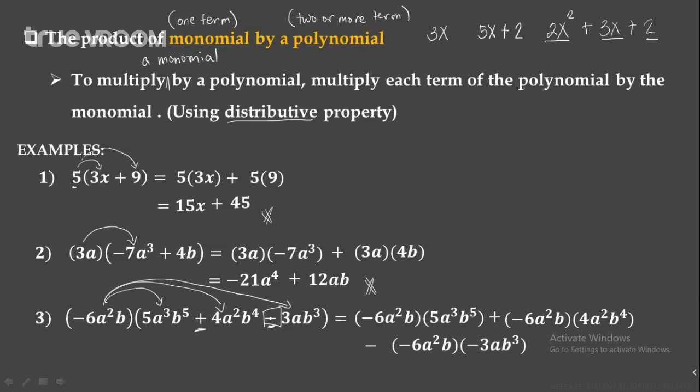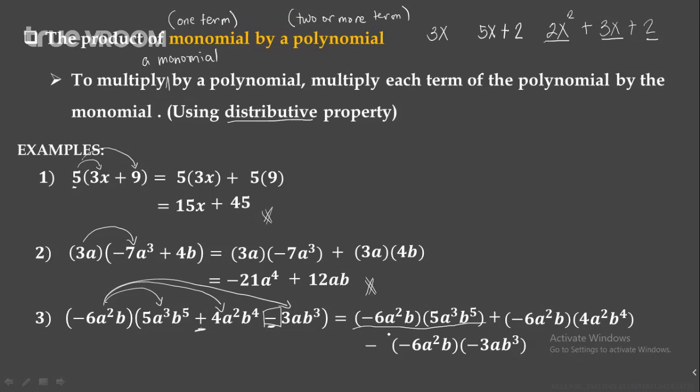Okay, give me the final answer for the first term. Negative 6a squared b times 5a cubed b raised to the 5th power. What is the answer? Negative 6 times 5, negative 30.